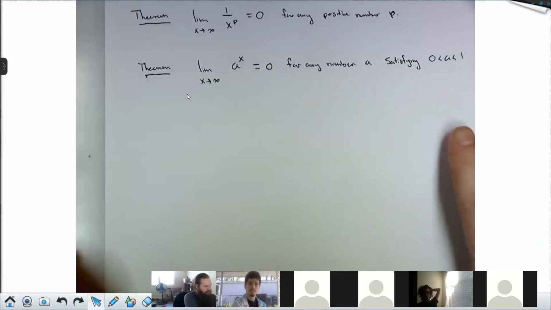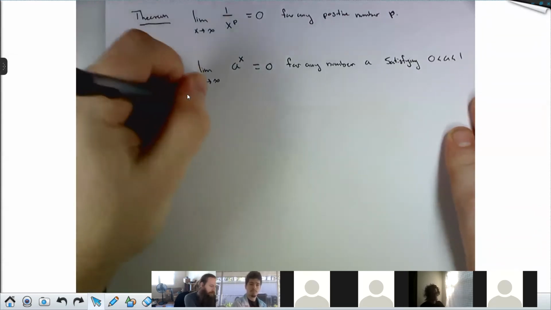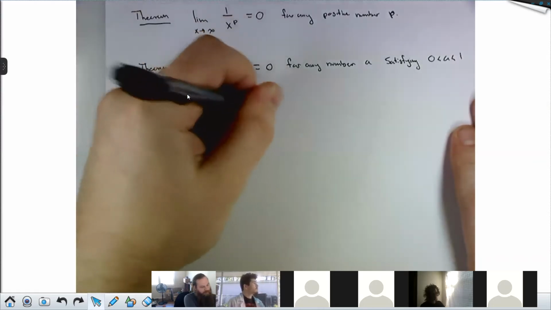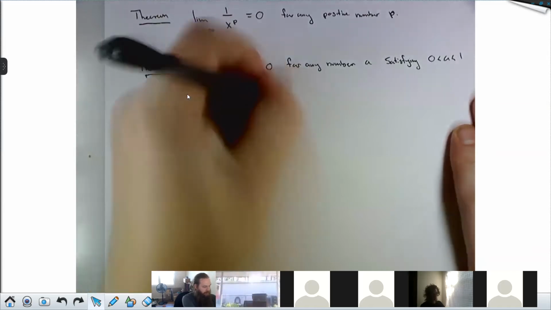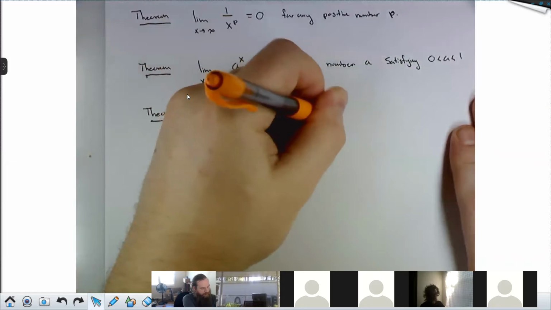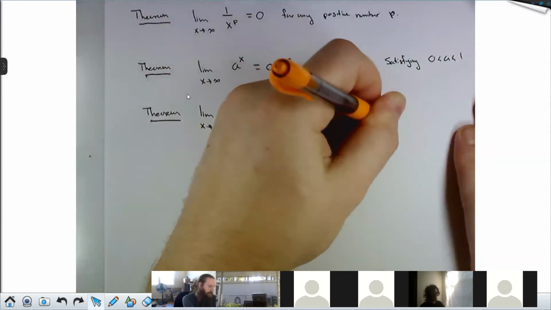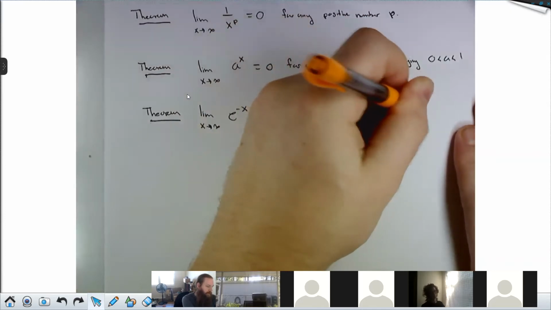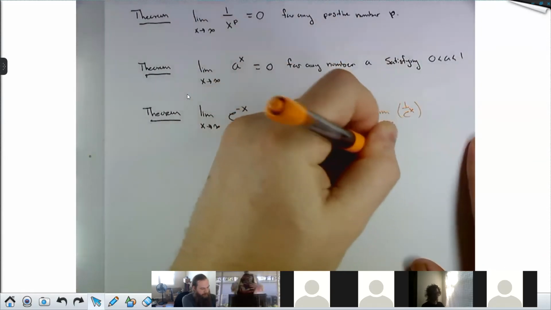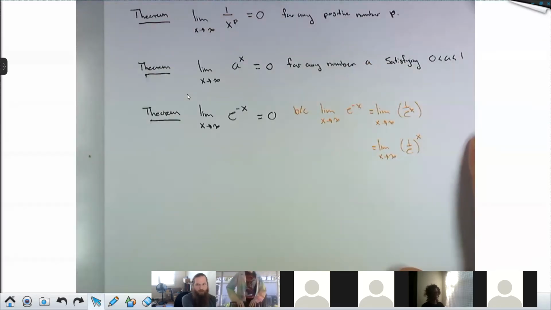A special case of this, I'll list it as a separate theorem even: the limit as x goes to infinity of e to the negative x is 0. This is because the limit as x goes to infinity of e to the negative x is the limit as x goes to infinity of 1 over e to the x, because the top is just 1.